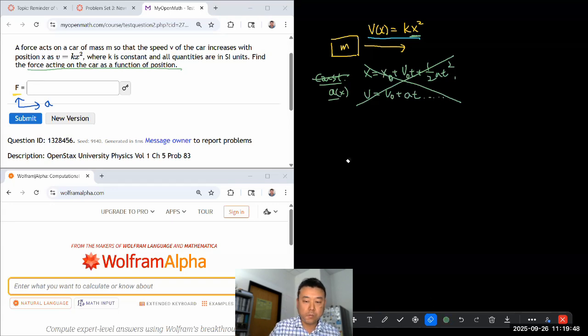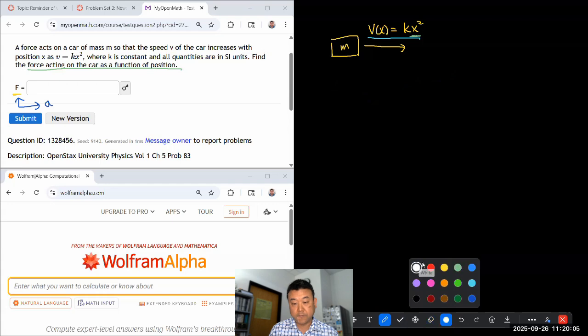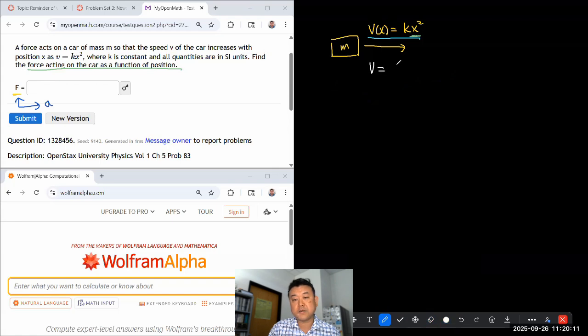So what you have to fall back on are the definitions. Definitions are what's always correct. Kinematics formulas were useful when you are working with constant acceleration problems, which this isn't. So you fall back on the definitions. Let me write down the definition for velocity. Velocity is the time derivative of position.